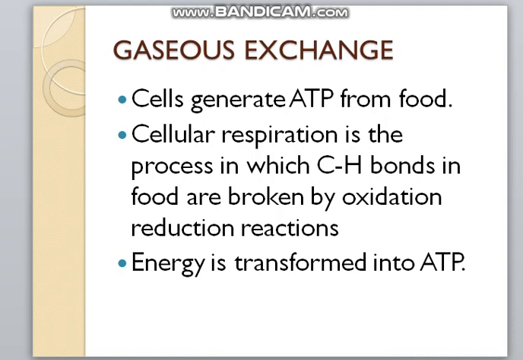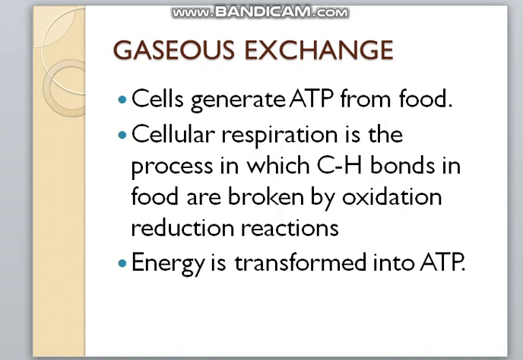So cellular respiration is the process in which the carbon and hydrogen bonds in food are broken by oxidation reduction reactions. This is the previous concept of cellular respiration.